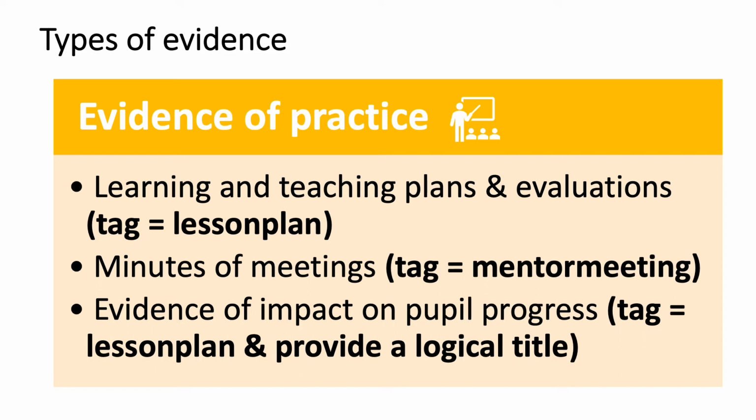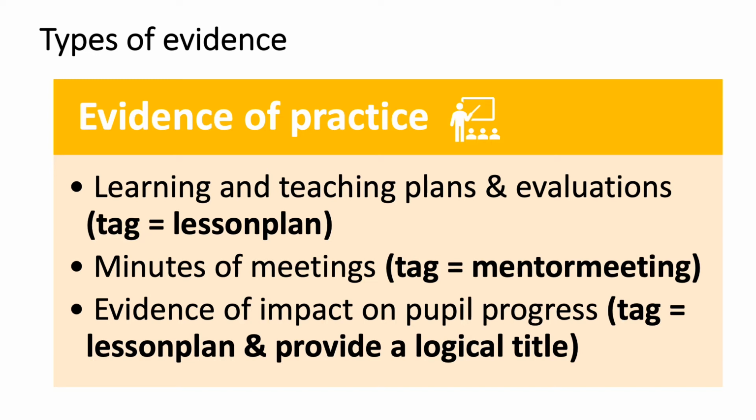And also, under the broad heading of evidence of practice, you will have evidence of the impact on pupil progress. Now, this is an important one, and at the moment, it doesn't really have a very logical tag, so we're going to tell you how you might do this.